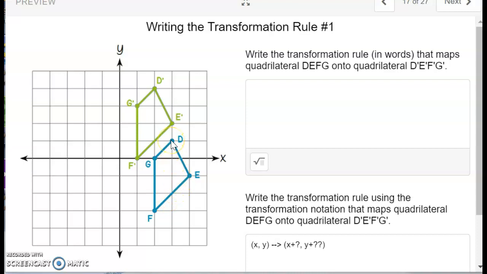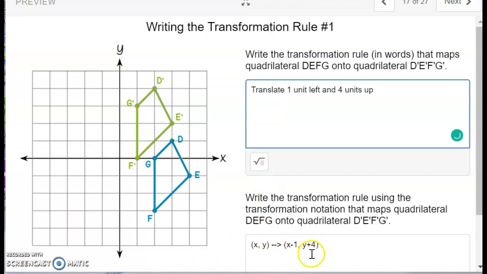What's going on? The D has moved to the left by 1 and 1, 2, 3 up by 3. So I should write the rule is translate 1 to the left and 4 up. And so that's my notation.